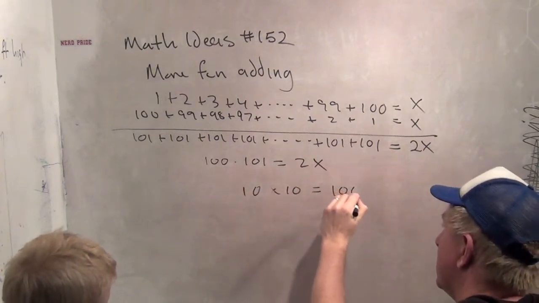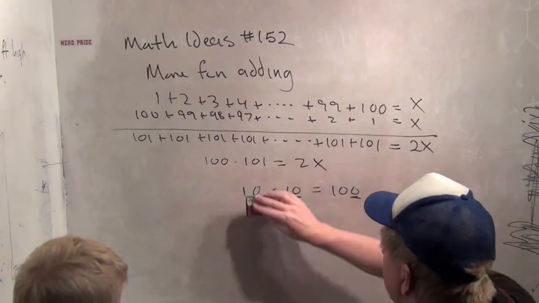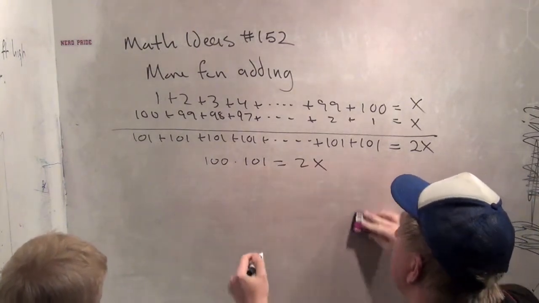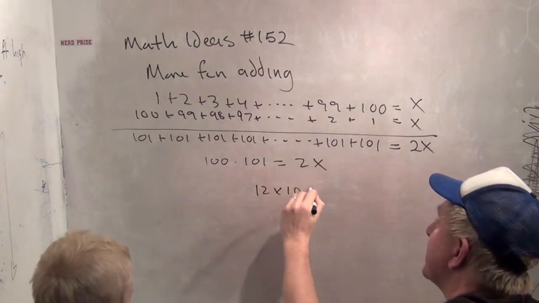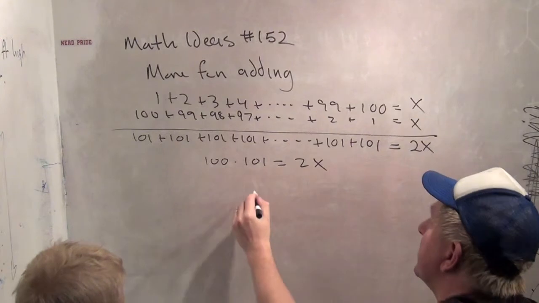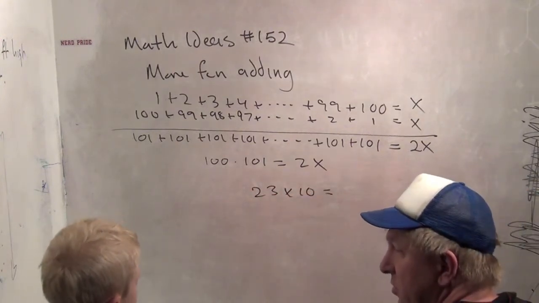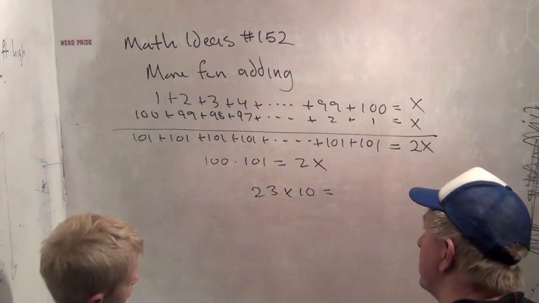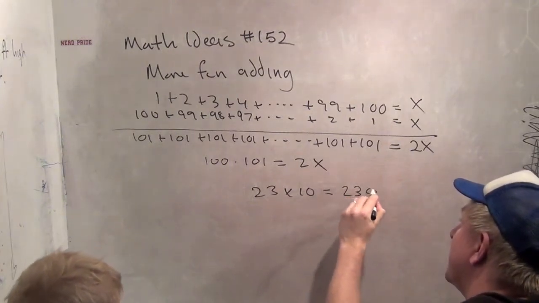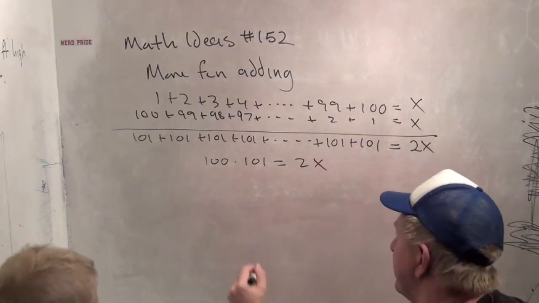I start with a 10, and I multiply by 10, and I add on a 0. So when I multiply by 10, I just add on a 0. So 12 times 10 is 120. How about 23 times 10? That is 230.